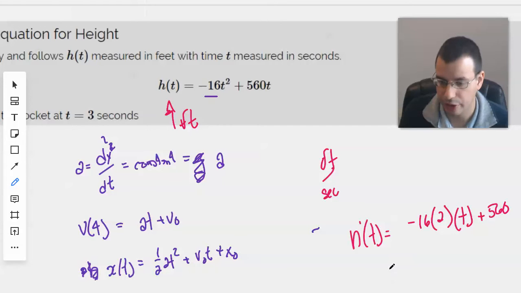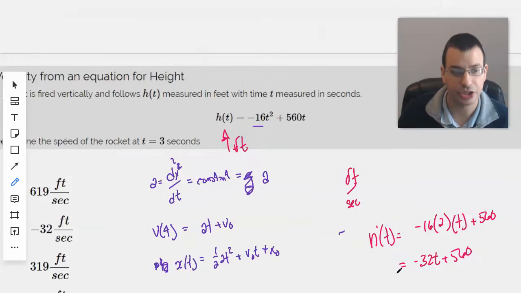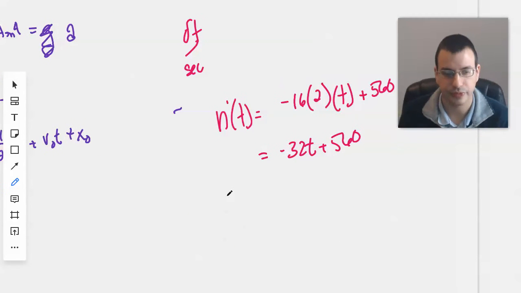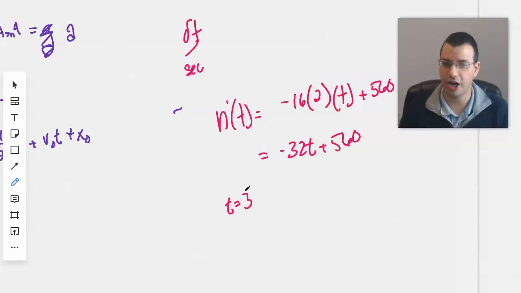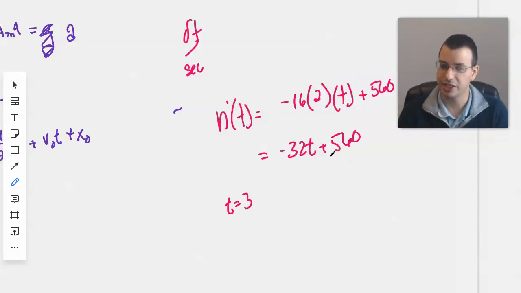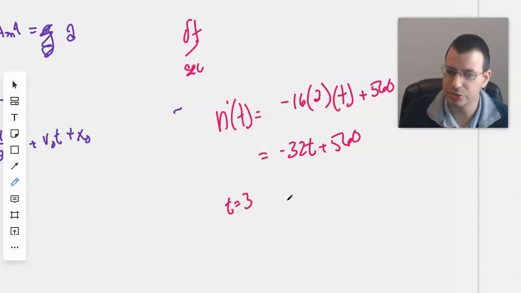Which equals negative 32t plus 560. And what it wants us to do is plug in t equals 3. So basically what this is saying is this rocket shoots off at an initial velocity of 560 feet per second, and then it's slowing down the higher it gets, which seems almost reasonable.